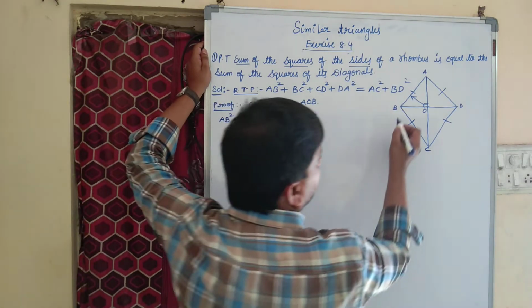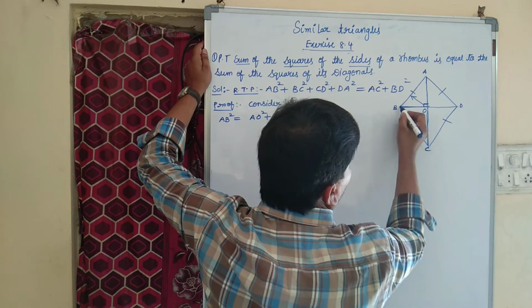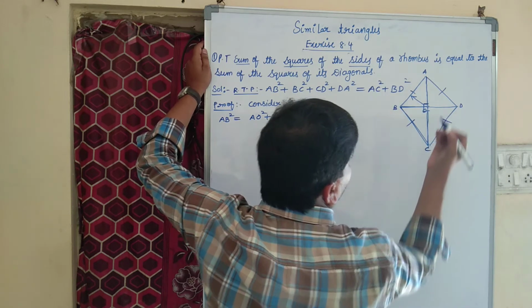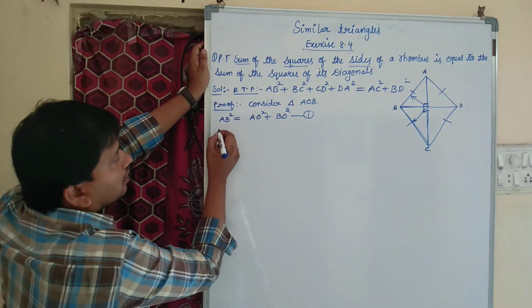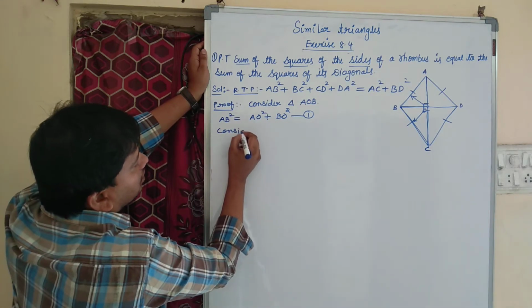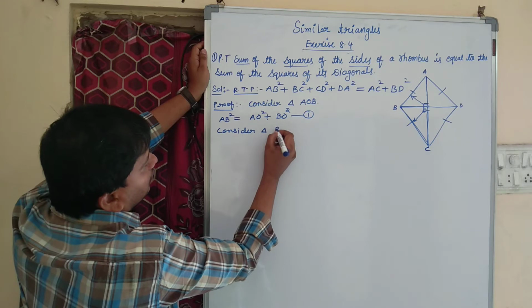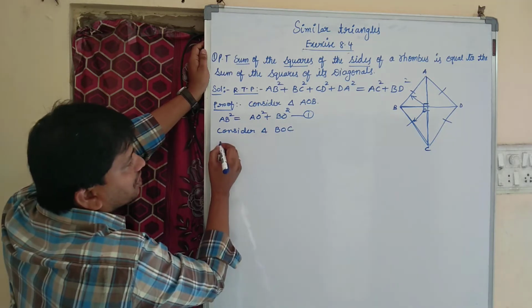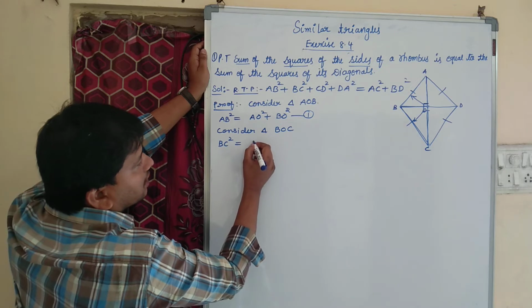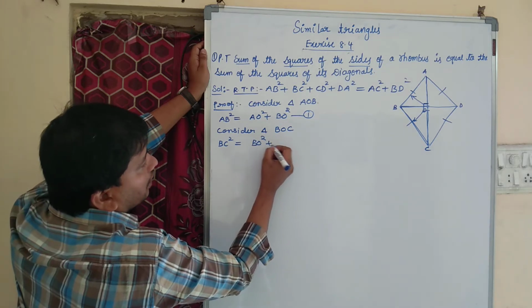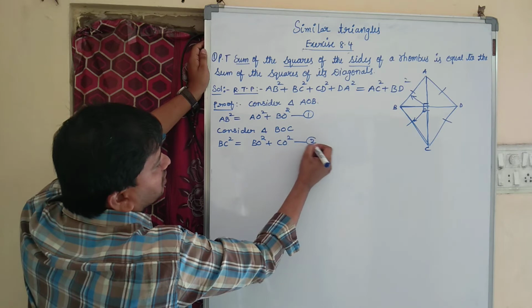Now consider the second triangle, BOC. The right angle is at O, and the side opposite to the right angle is BC. In triangle BOC, BC is the hypotenuse and the two sides are BO and CO. This is my equation number 2.